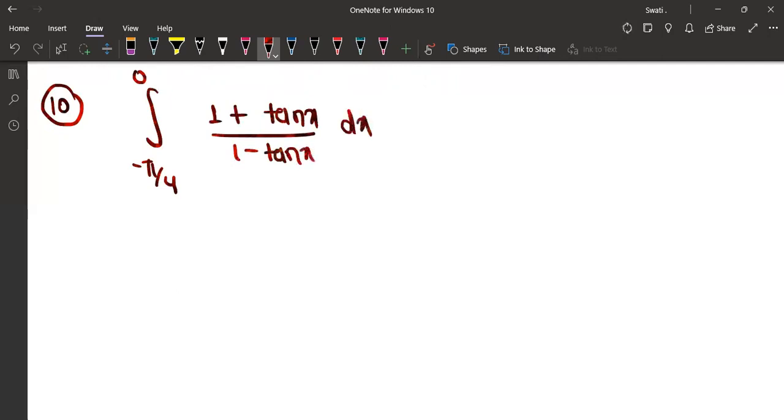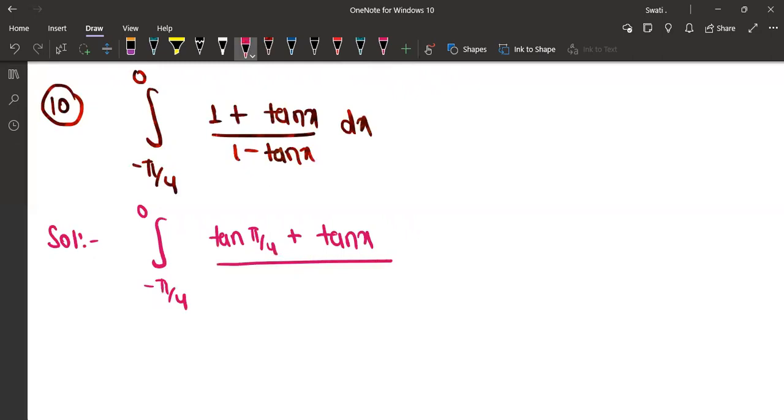Okay. Now, what will this become? Here we have to use some formula. So let's do that first. So integration from minus pi by 4 to 0. At the place of 1, I can write down tan pi by 4. Why? Because we know that tan 45 is 1. And this is tan x as it is.